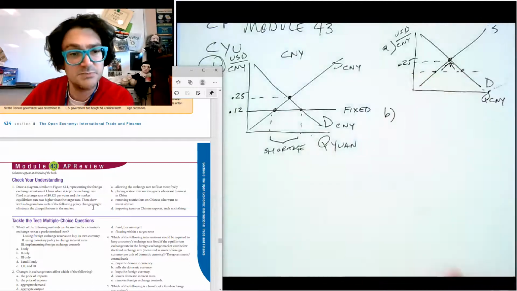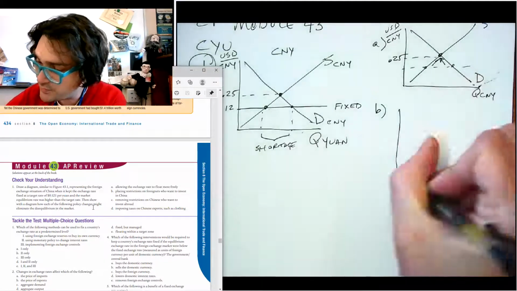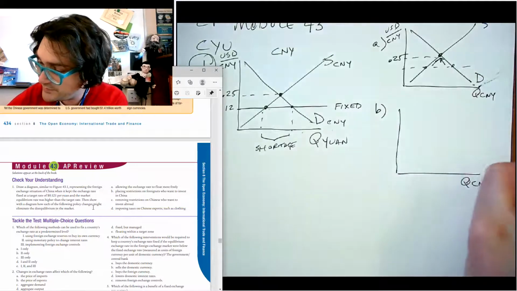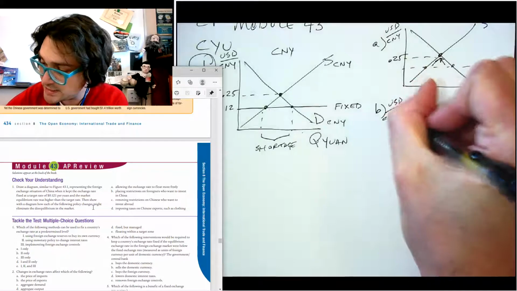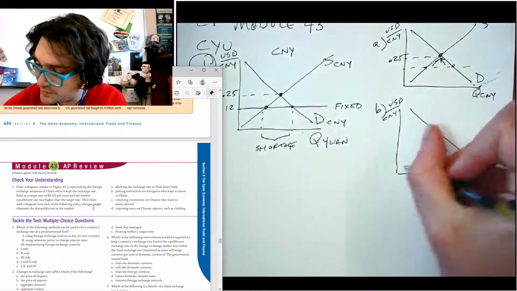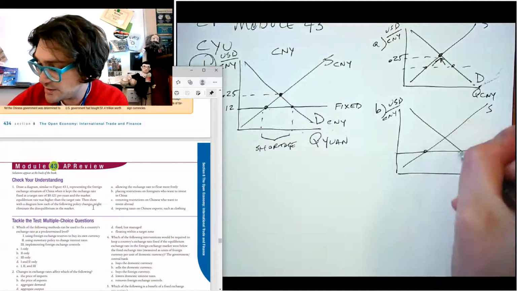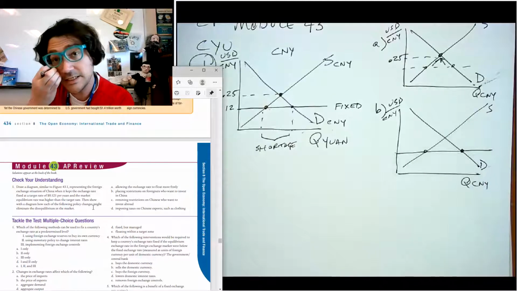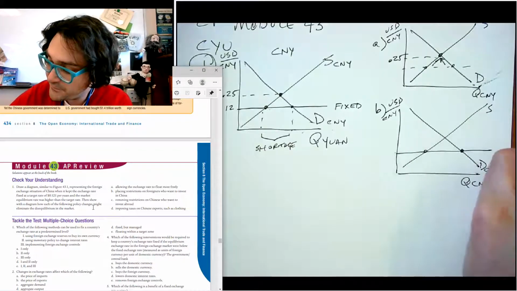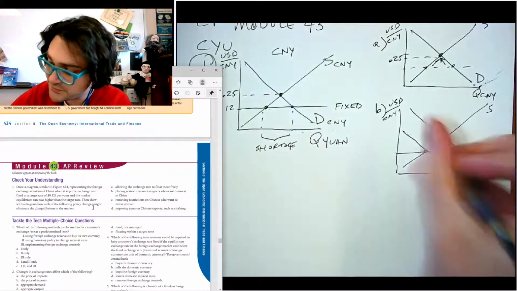Part B says placing restrictions on foreigners who want to invest in China. You can sketch this out yourself quicker than I can. If you have this shortage and we restrict foreigners from coming in and wanting to invest in China, it makes the demand for yuan decrease.